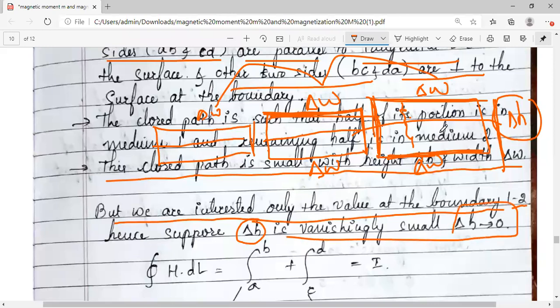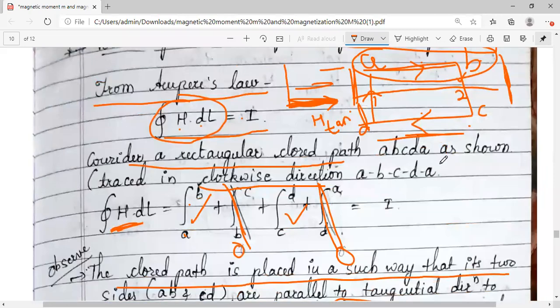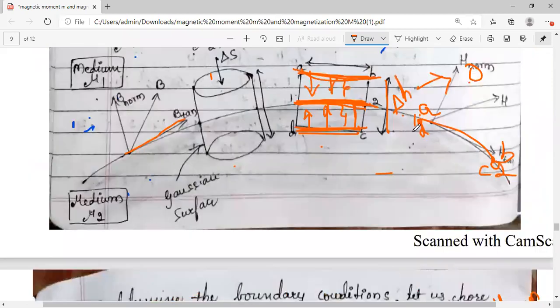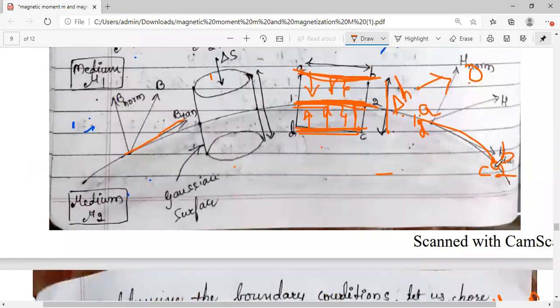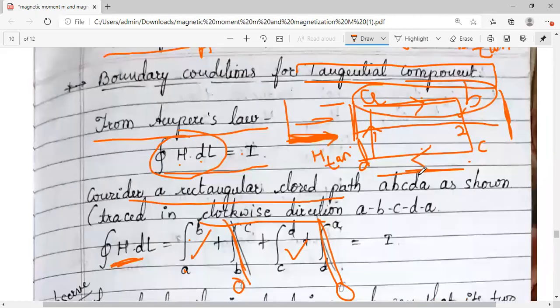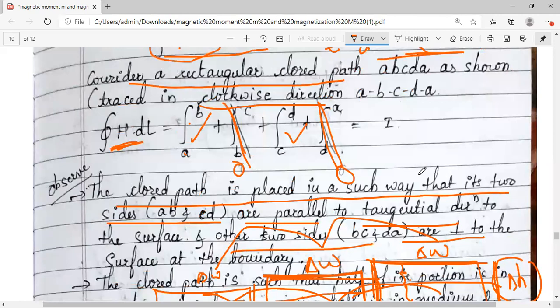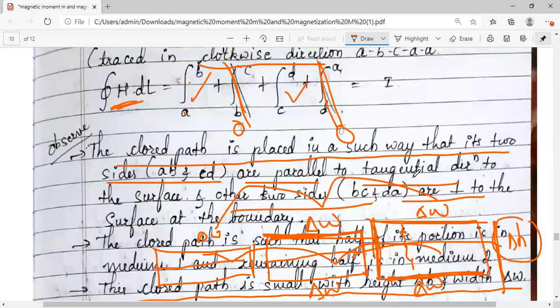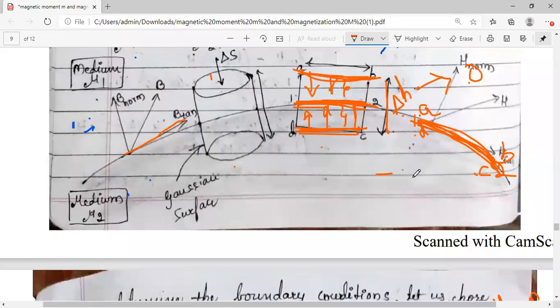If I do that, what will happen? As the size reduces, it will come and sit on line 1 2, the boundary line. AB will also come and overlap on this. CD will also come and overlap on this. So it is nothing but one single line integral, right? AB and CD are two different lines. Why am I telling two different lines?